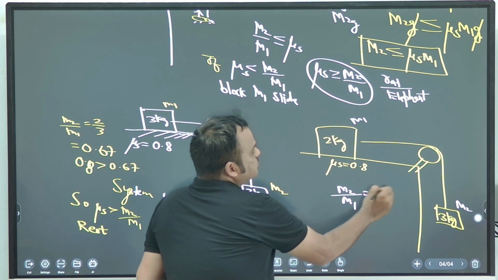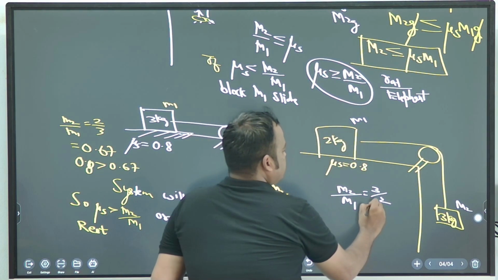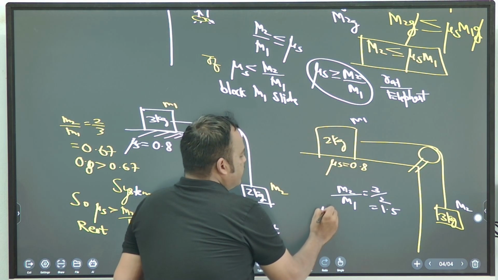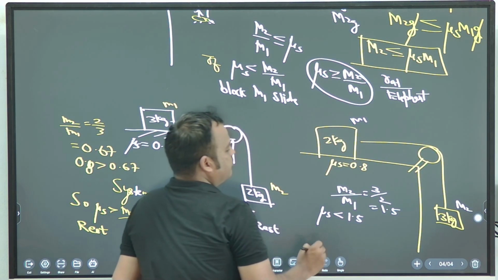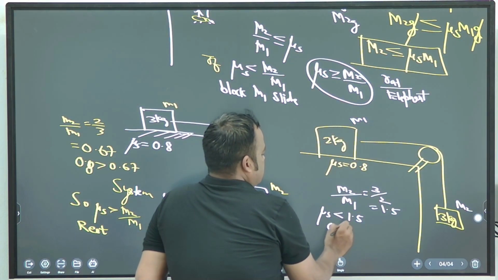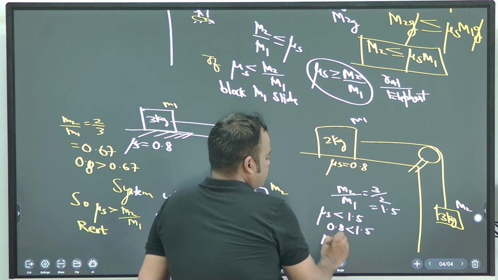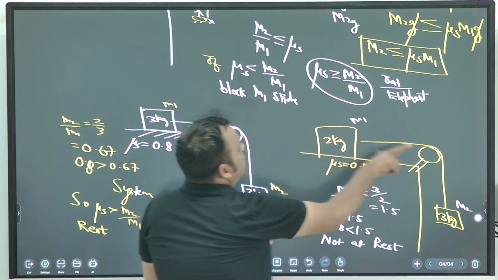M2 by M1 is 3 by 2, so 1.5. And mu s is 0.8. So mu s is less than 1.5. 0.8 is less than 1.5, so not at rest. So it will slide.